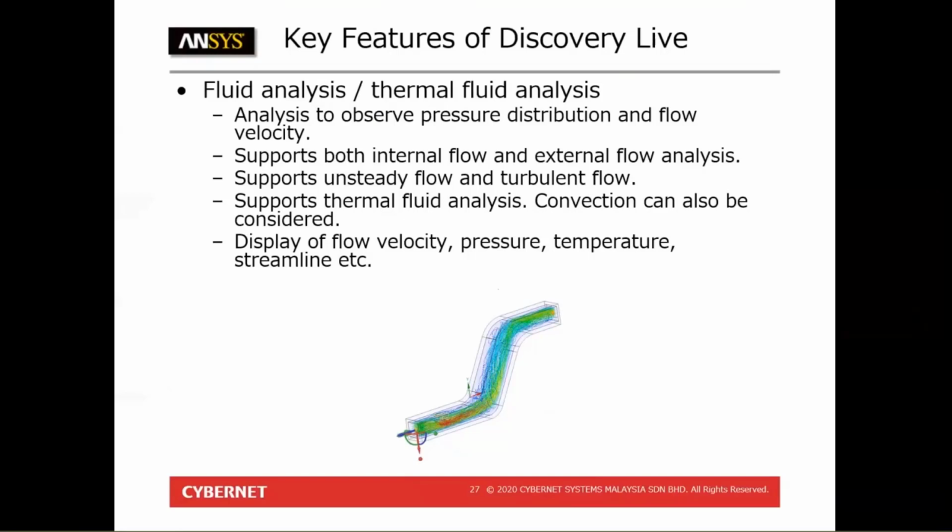Like I mentioned before, it supports unsteady flow and also turbulent flow. It supports thermal fluid analysis, and convection can also be considered here. The result will be displayed as flow velocity, pressure, temperature, and also streamline. There are a lot more ways to display the result. I will show you later on during the demonstration.